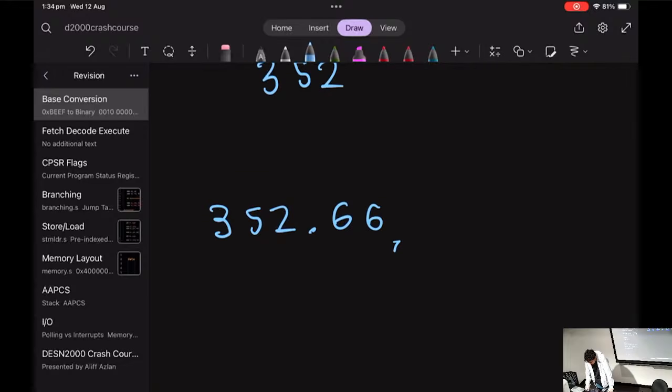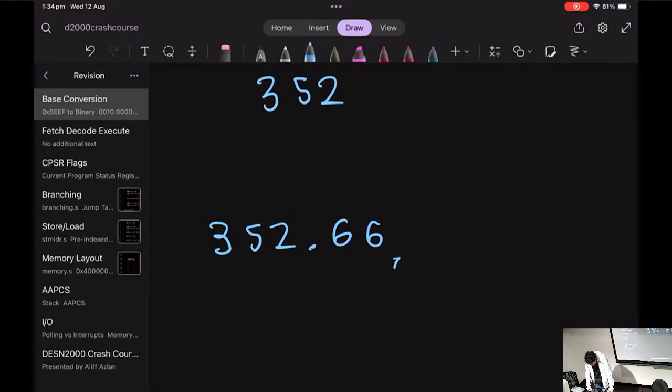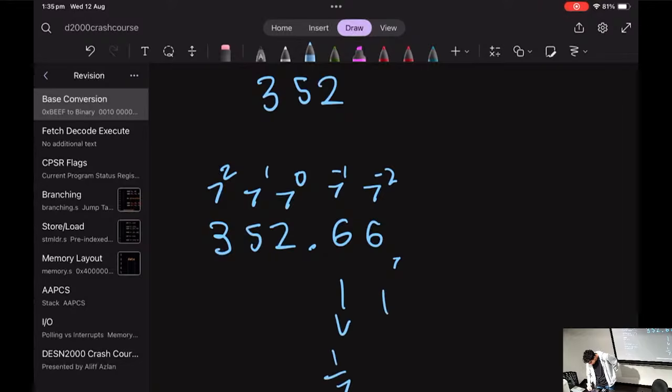Anyway, so if we convert this into base 10, we actually do a similar thing. So we had 7, so this is 7 to the power of 2, 7 to the power of 1, and then the decimals are actually the negative powers. So what you would do is multiply this by 1 over 7, and multiply this by 1 over 49, and you just sum them up to get your base 10 representation.